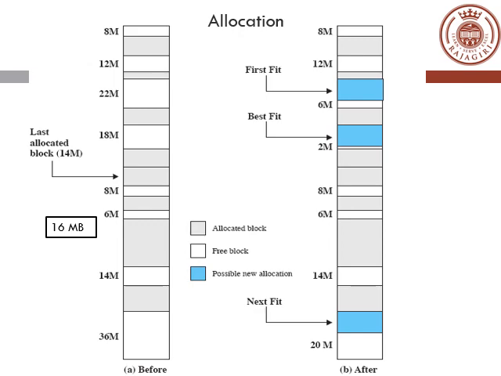Best fit will search the entire list of available blocks and makes use of the 18 megabyte block, leaving a 2 megabyte fragment.